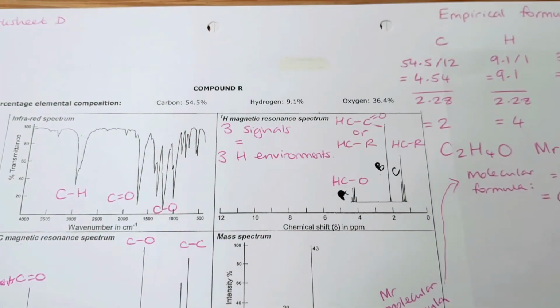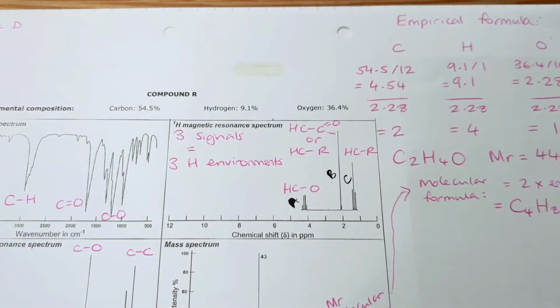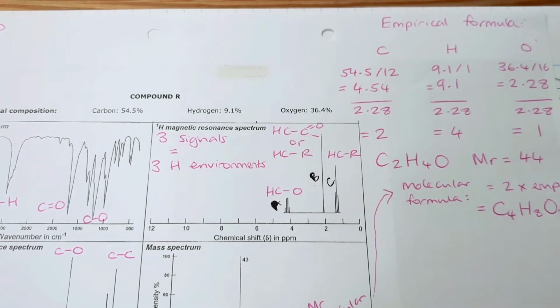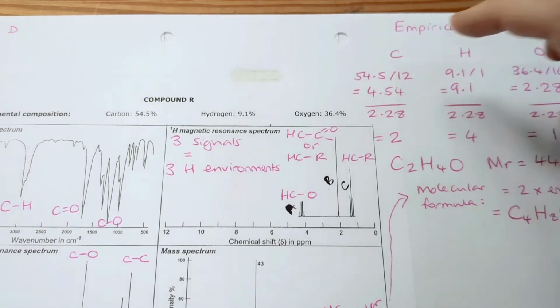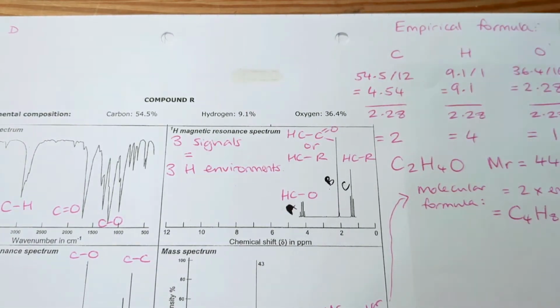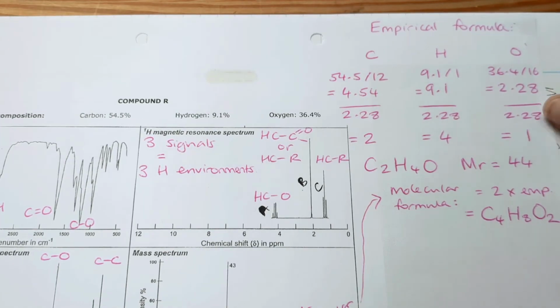The first thing we do with something like this is treat the percentages like masses and work out the empirical formula. To do that, we do the percentage mass over the mass from the periodic table to calculate moles. Then in the next step, we divide by the smallest, and we end up with a ratio 2 to 4 to 1.